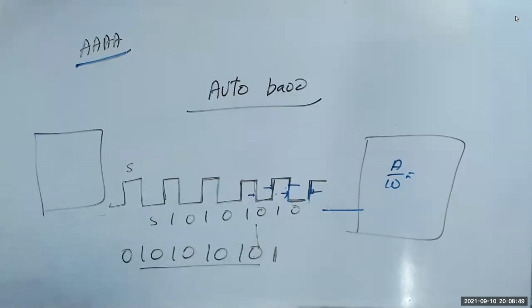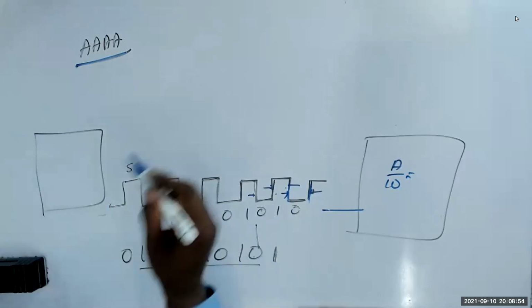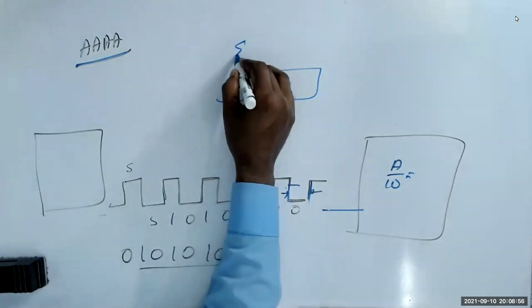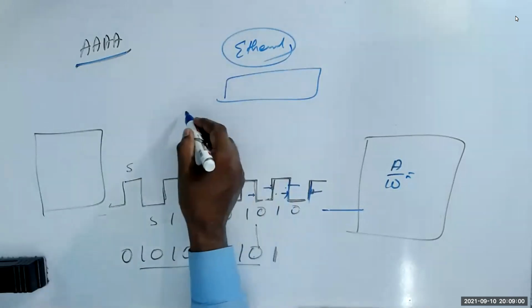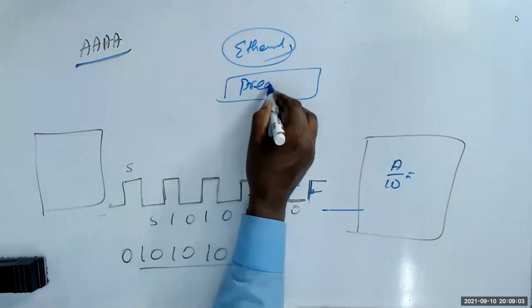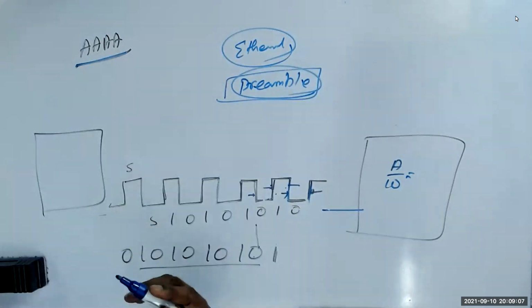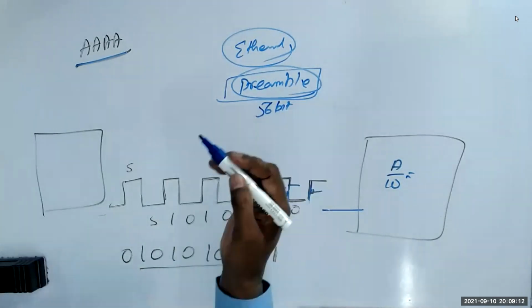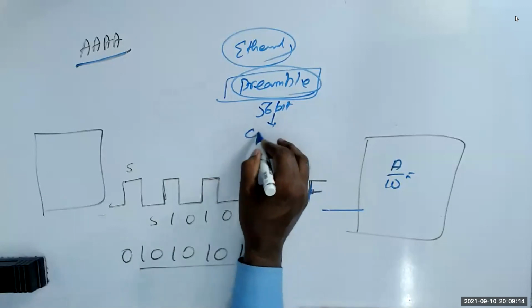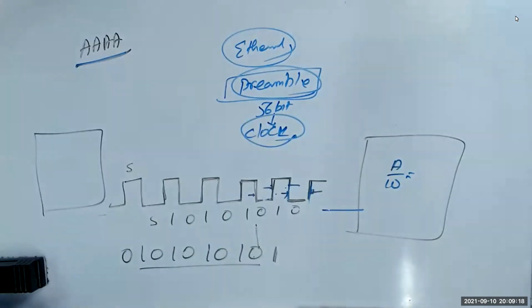Actually, I'll discuss this later. Maybe you have come across something in Ethernet. I don't know how many of you have studied Ethernet. In the packet, there's something called the preamble. The preamble is actually 56 bits of data, which is nothing but a clock. That is what makes both sides synchronized.